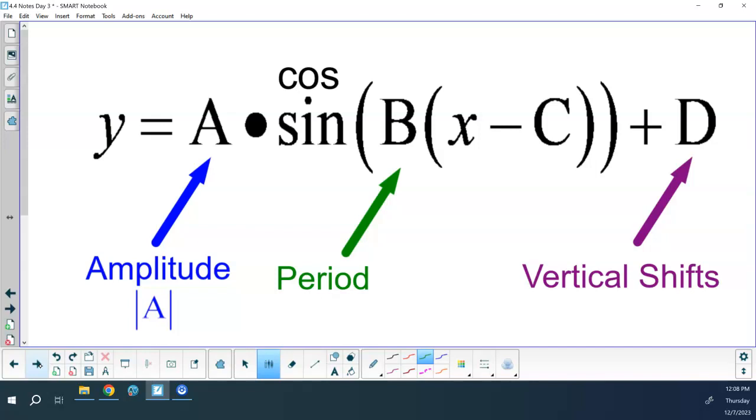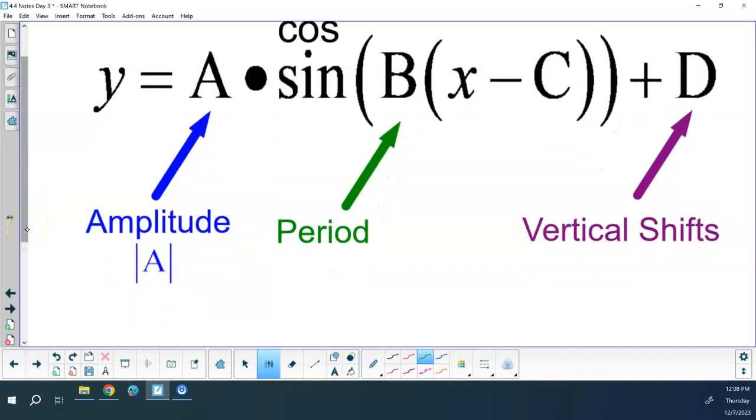D's tells where the middle is of the trig function. So that puts us at the middle point, and then along with A gets you where the high is, where the low is, where the range is. Today we're going to add in a B value. And the B value is for the period of the function.